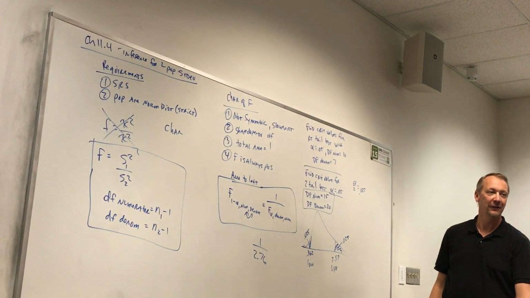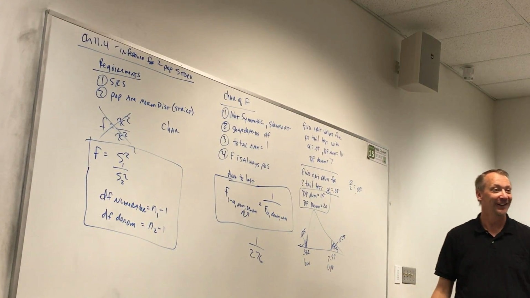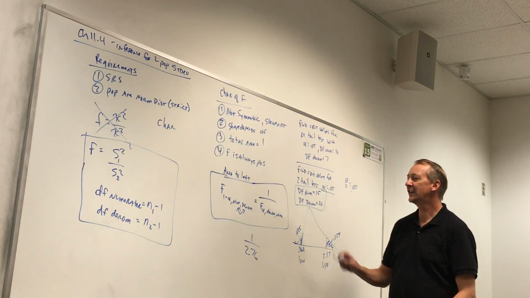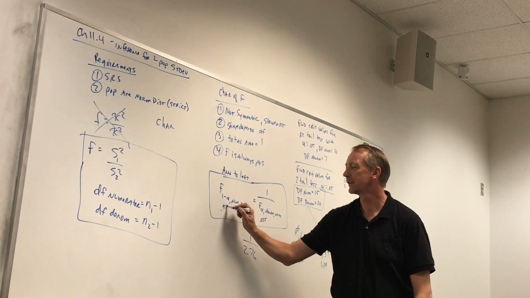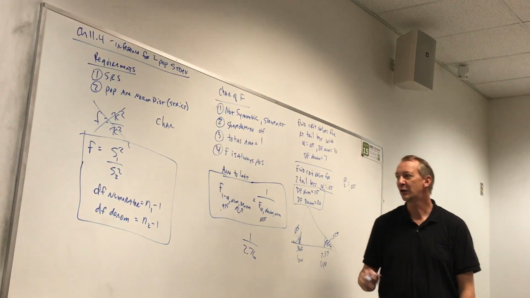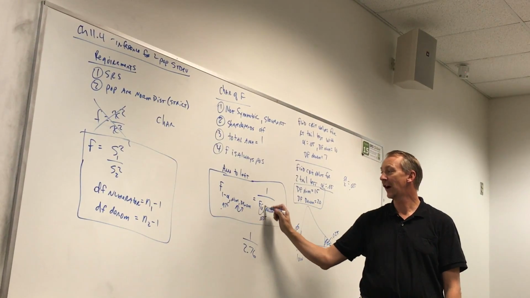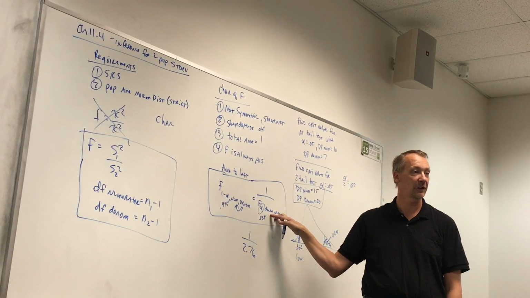In this case, my alpha is 0.025, this is 0.975. You've got 97.5 to the right. So you still use your alpha, 0.025, and then you just swap those two. That's all you do.